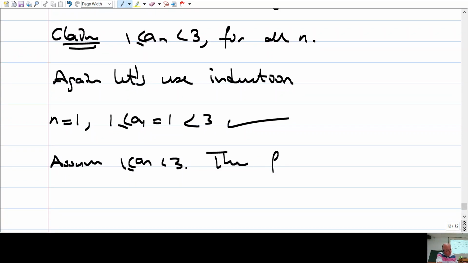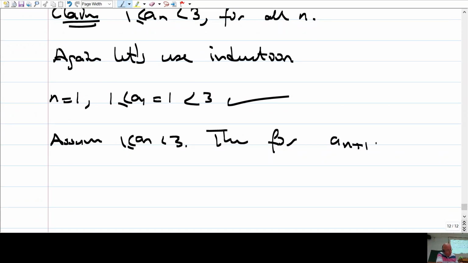Then for a(n+1), we have what? a(n+1) is equal to the square root of 6 plus an.